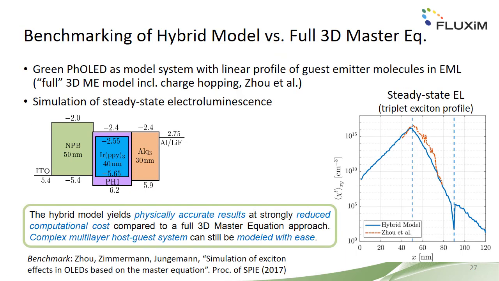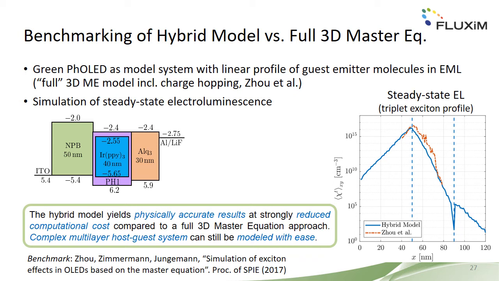Now, in order to check the sanity of our hybrid model, we're going to compare our results to a reference publication where a full 3D master equation model was used and implemented also for the charge transport. In this example, we're looking at a phosphorescent three-layer OLED, and the plot on the right shows the distribution of triplet excitons.